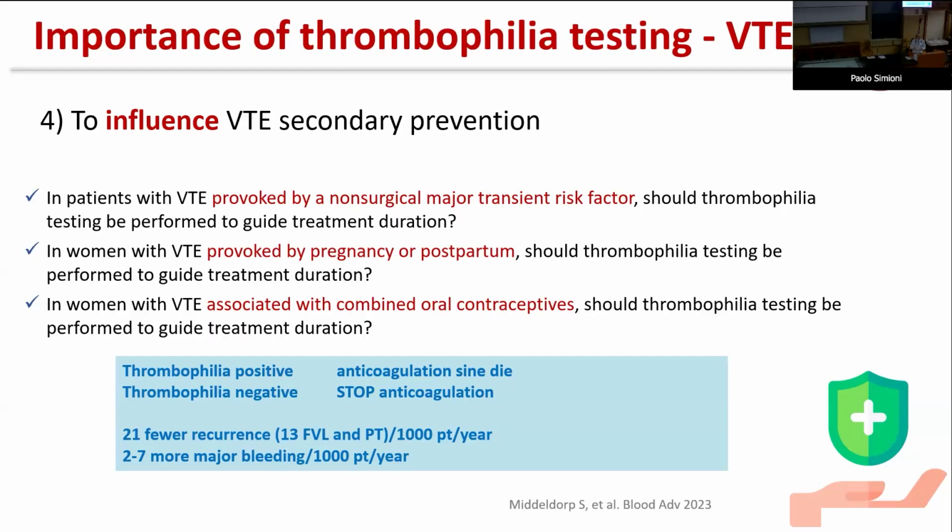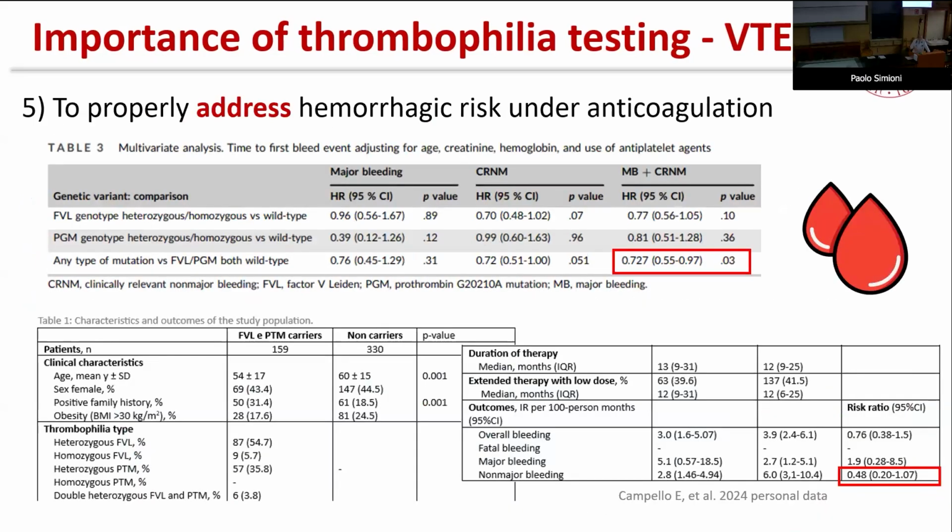But if you have thrombophilia, this can change completely the view of this patient. It can tell you that you need to prolong the treatment because of a higher risk of recurrences due to thrombophilia. So knowing the presence or absence of this defect can change your clinical practice in terms of secondary prevention of venous thromboembolism.